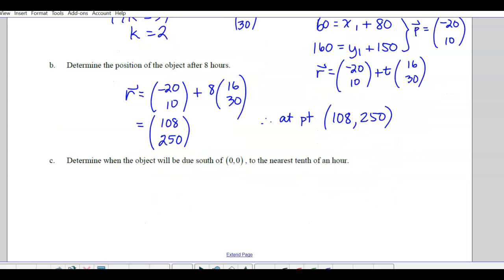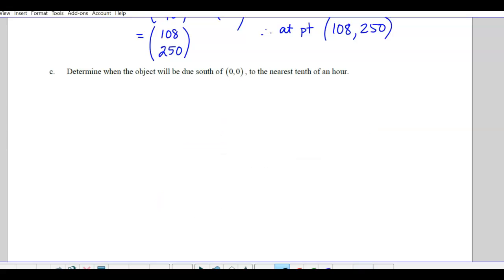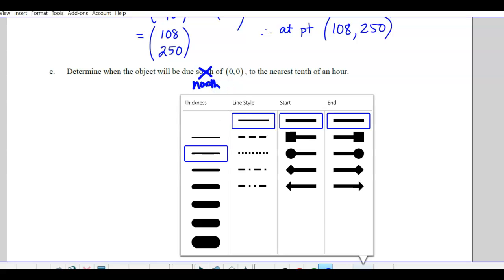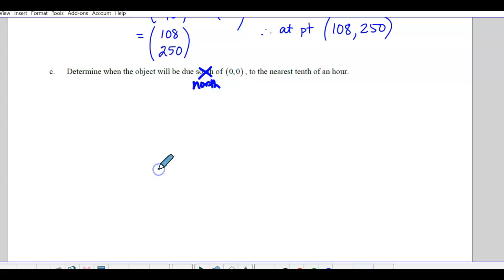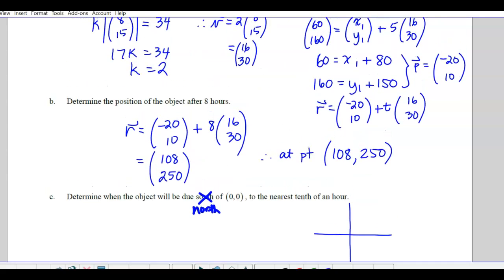Okay, so now, determine when the object will be due south. So we're changing this to due north because it doesn't work for due south. Okay, so you think about doing a little diagram. Remember the equation.